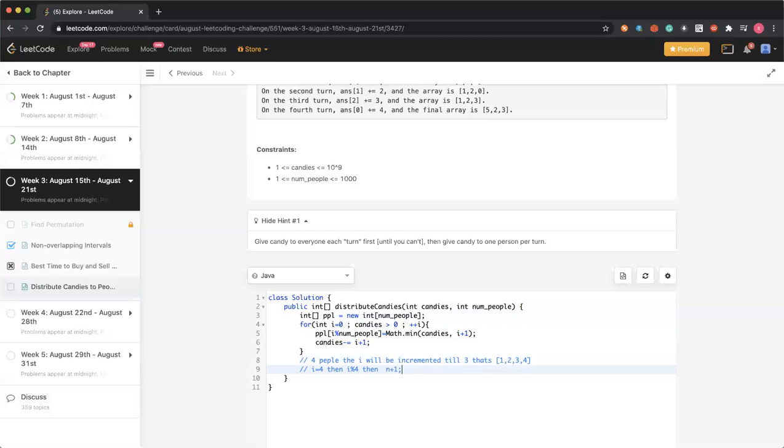So this is how it will be iterating. Okay, now let's return the array.